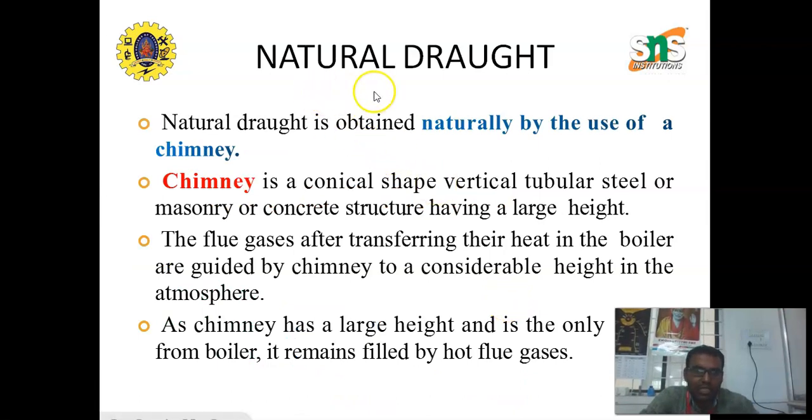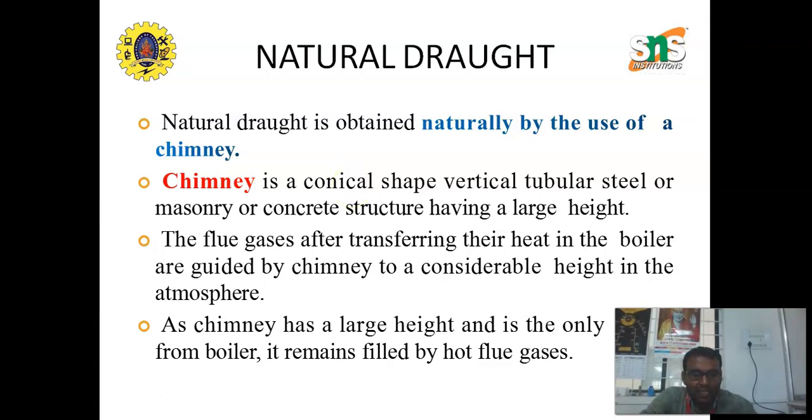First, we will discuss natural draught. Natural draught is obtained naturally by the use of the chimney. A chimney is a conical shaped vertical tubular steel, masonry or concrete structure having a large height. The flue gases, after transferring the heat in the boiler, are guided by the chimney to a considerable height in the atmosphere.